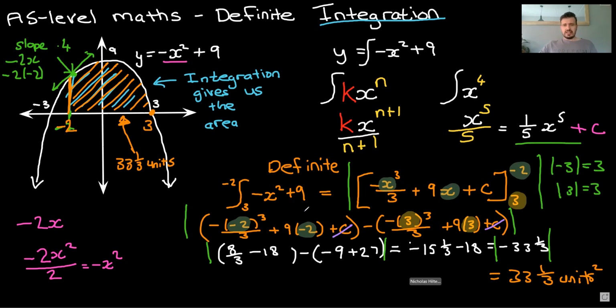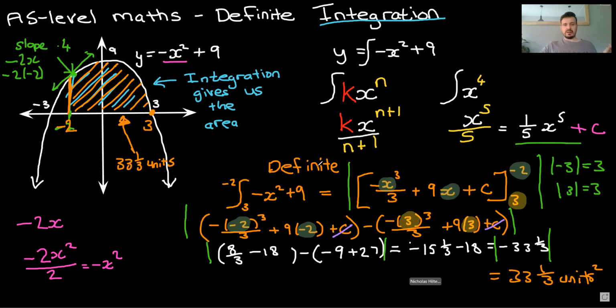Okay, so that's the definite integral. So this is just to recap. Differentiation is when you find the slope. The integral is the opposite of differentiation, where you're finding the area of the graph, but the integral is just the equation to begin with that you need to find, which we use this formula, x to the n+1 over n+1.